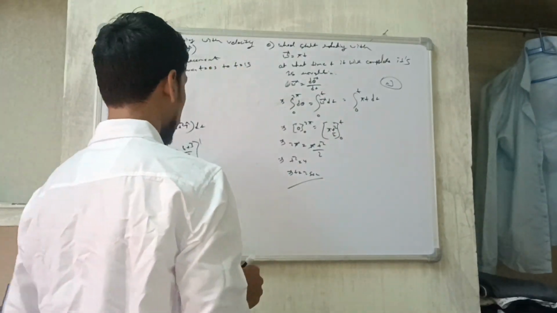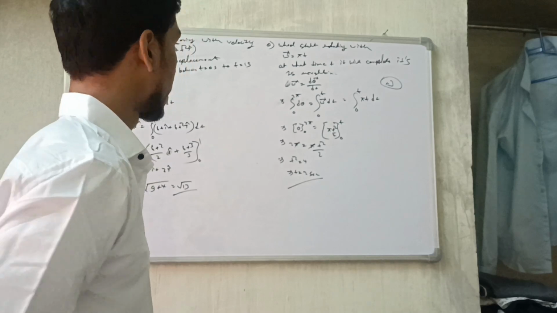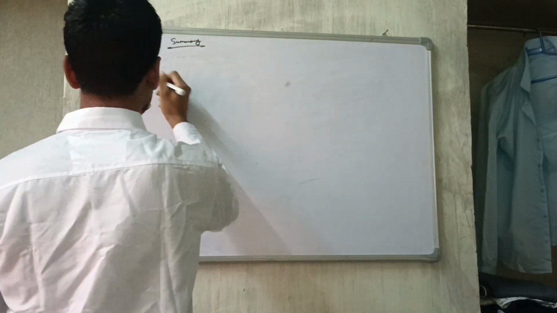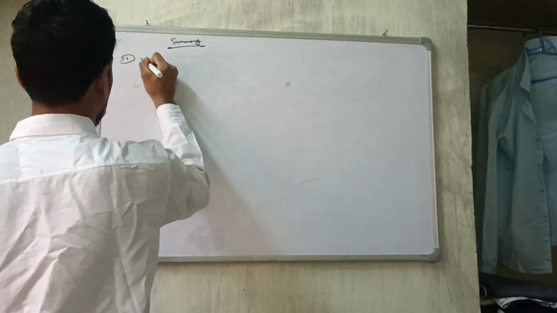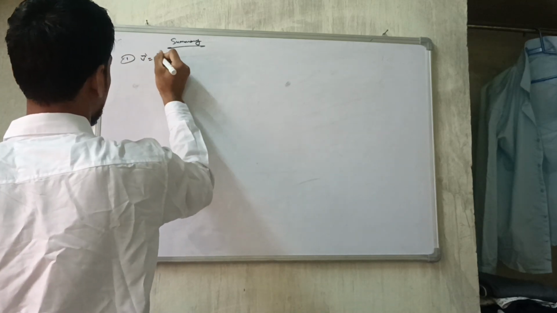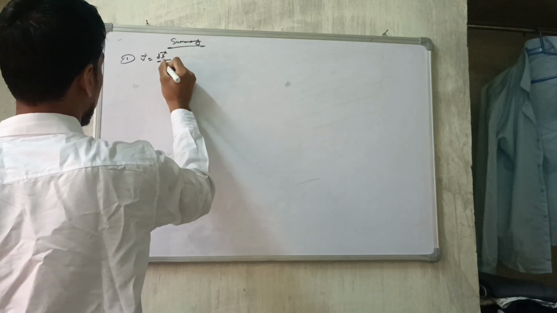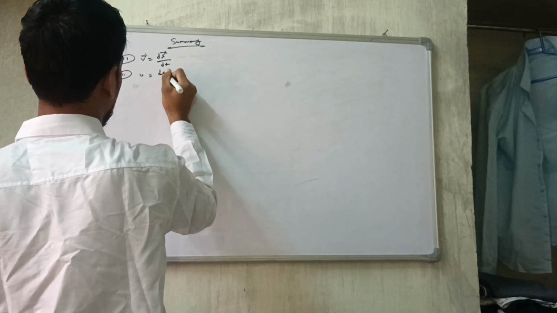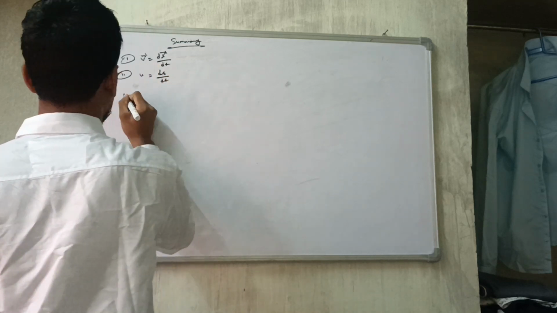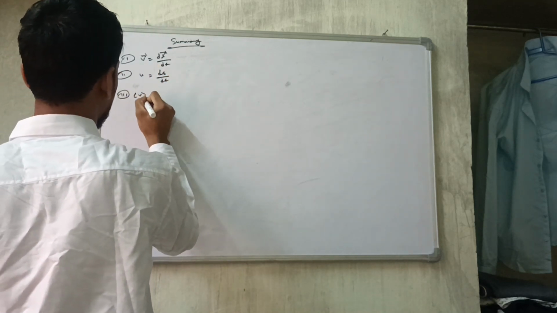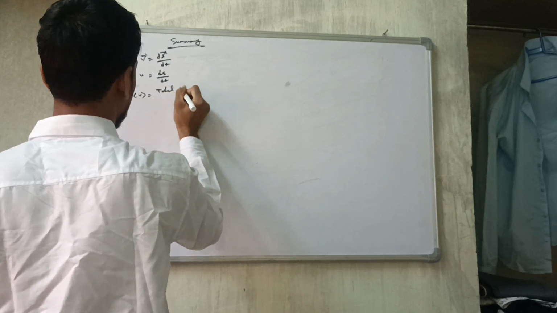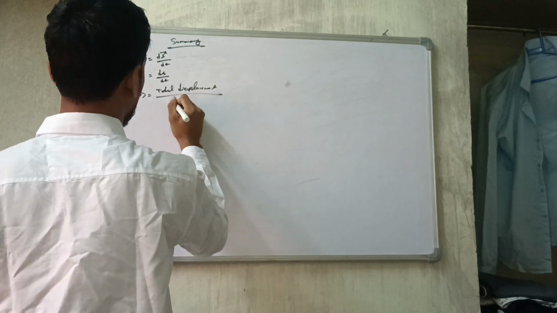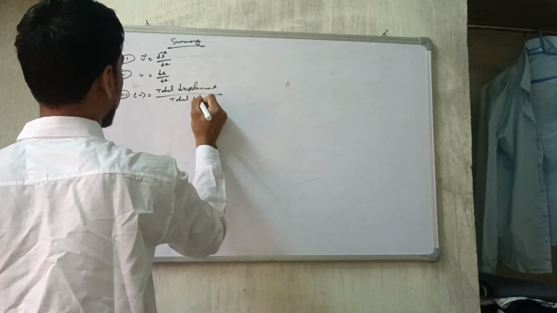Now let's come to the summary. What is discussed? Velocity is the rate of change of displacement with respect to time. Speed is the rate of change of distance with respect to time. Average velocity is total displacement upon total time.